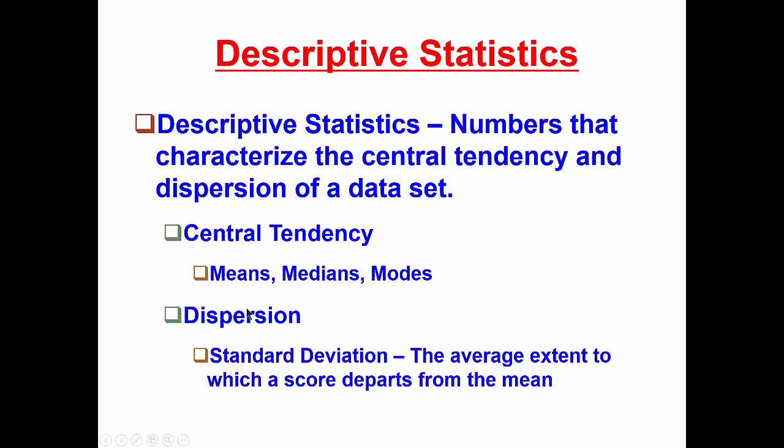We also have another descriptor, and that's dispersion. Dispersion refers to how the scores are spread. There are different measures of referring to the spread of scores. The most commonly used one is probably the standard deviation, the average extent to which a score departs from the mean. So let's take an example. Let's assume that we have a collection, a data set, filled with IQ scores, and a particular IQ score is 110.